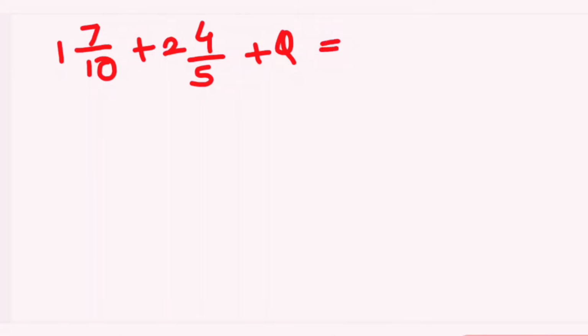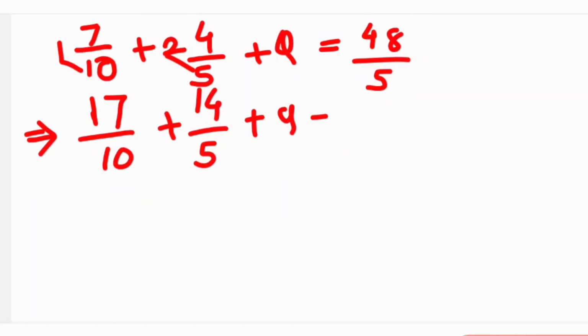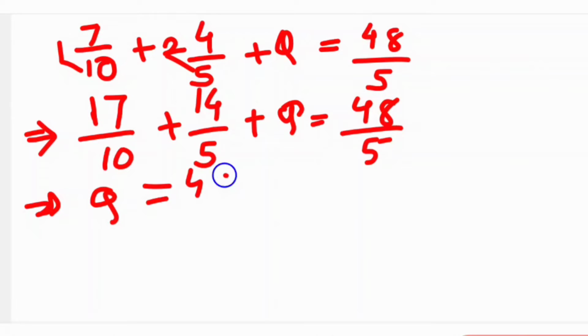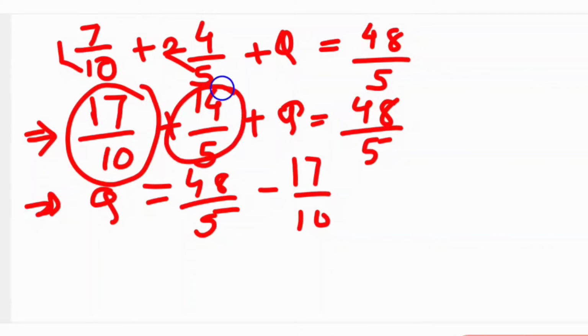Now we find the value of Q. Their sum is 48 by 5. Here 1 into 10 is 10, 10 plus 7 is 17 by 10, plus here 2 into 5 is 10, 10 plus 4 is 14 by 5, plus Q is equal to 48 by 5. Now here Q is equal to 48 by 5, minus 17 by 10, and this also becomes minus on this side, 14 by 5.